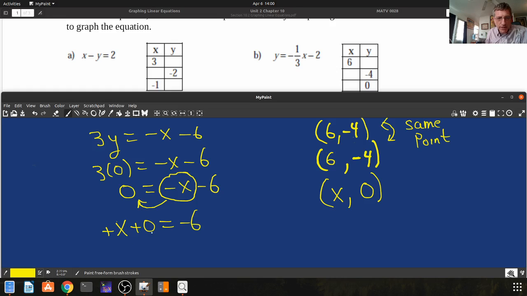But x plus 0 is just x is equal to minus 6. So I found 2 points, and those points are 6 and minus 4, and minus 6 and 0. So let me jot those down.